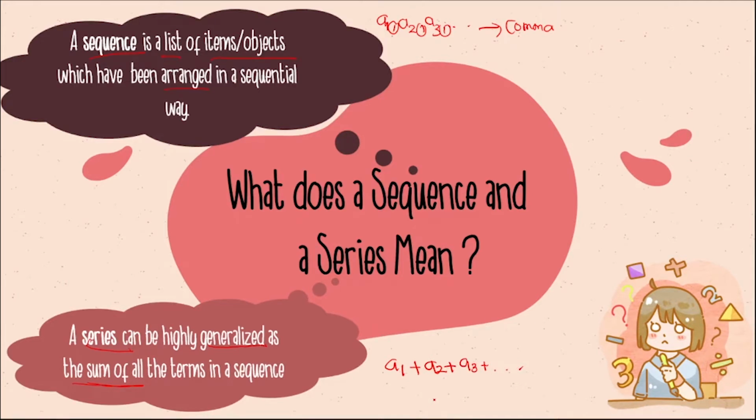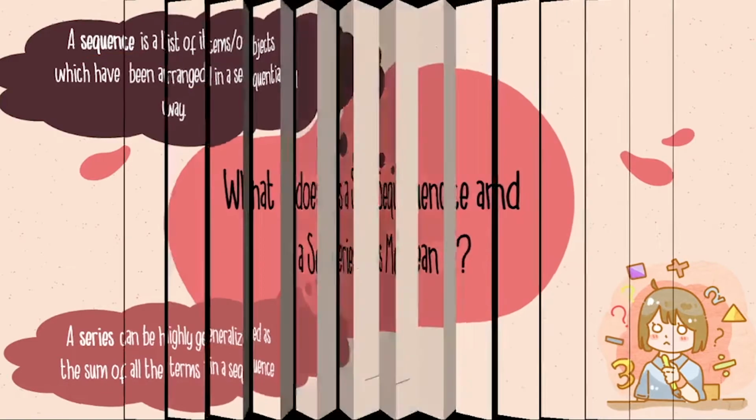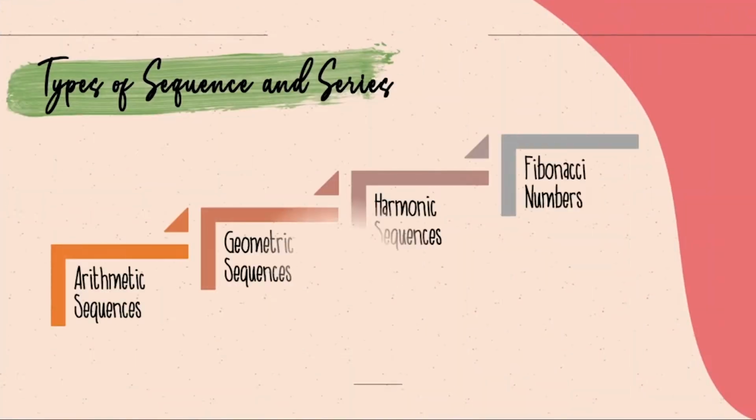A series is actually a sum where you're adding the terms together like this. So, after we know what a sequence and a series mean, now I want to tell you about the types of sequence and series.